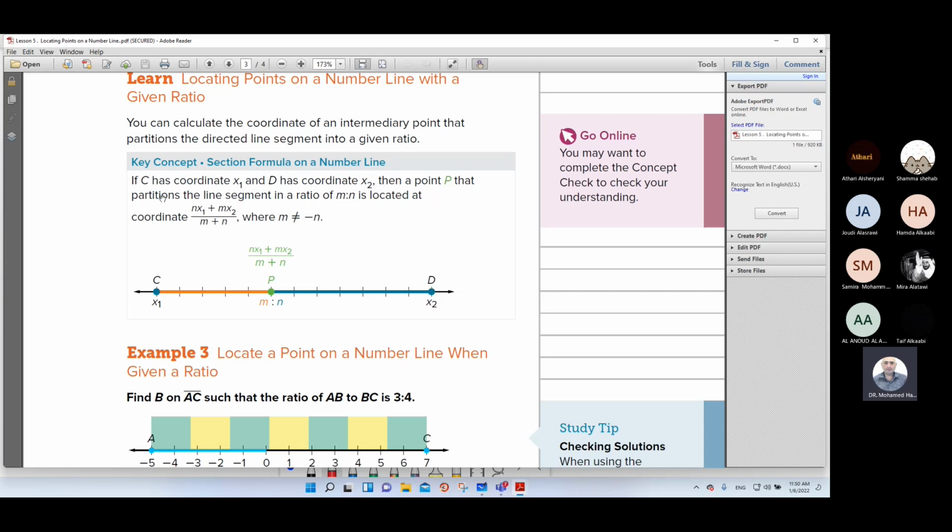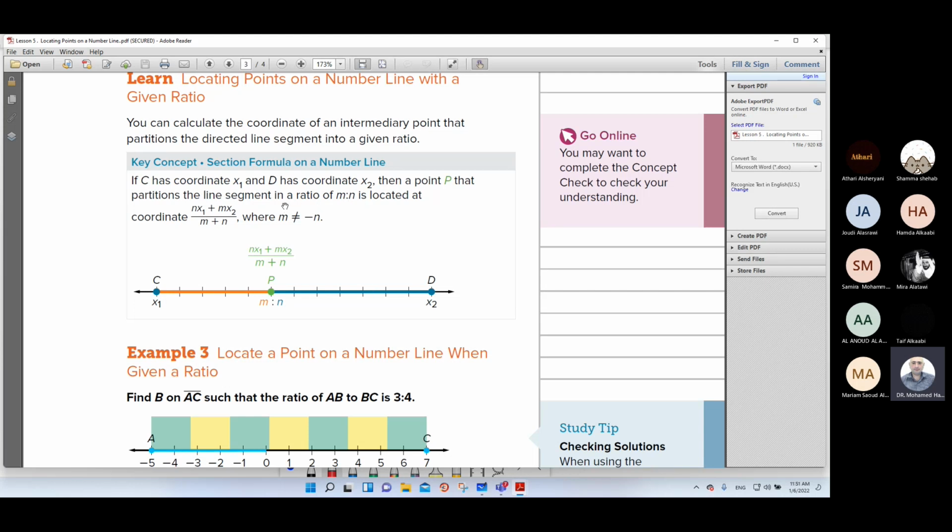Then point B partitions the line segment with ratio M and N. M means the distance BC and N means the distance BD.